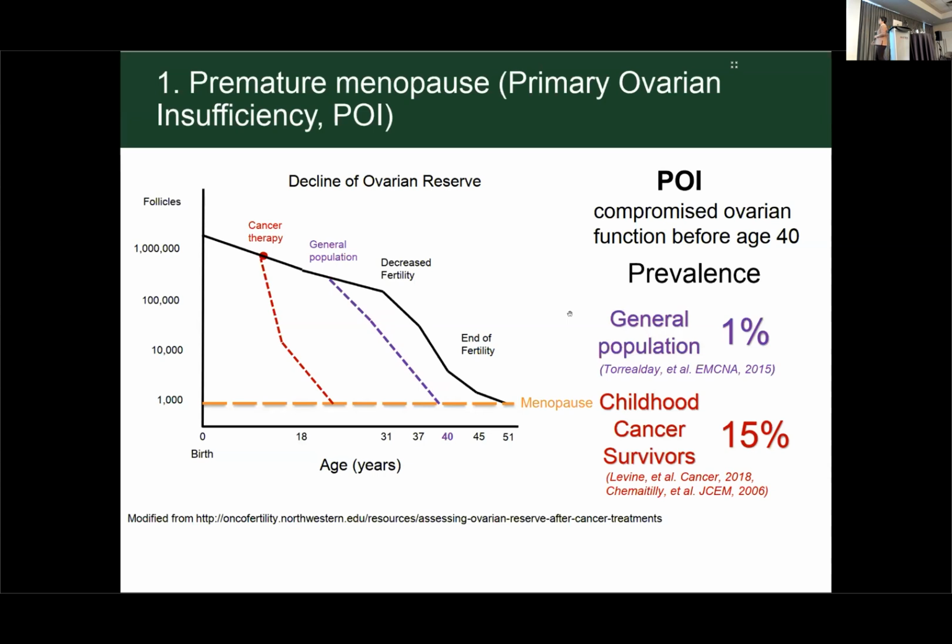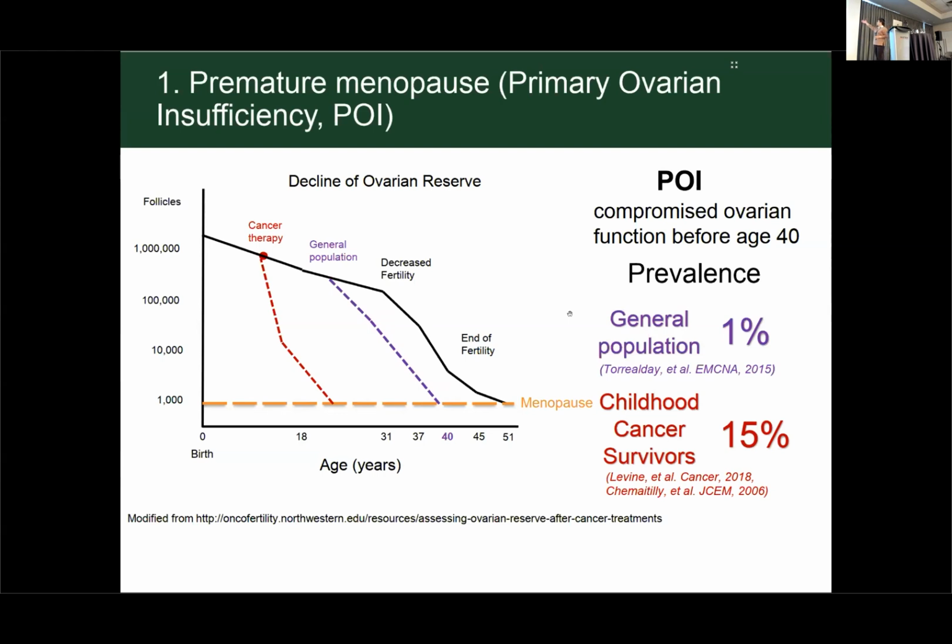For childhood cancer, there's now about an 85% five-year survival rate. So there are a lot of childhood cancer survivors, but they're facing a lot of late effects. One of the late effects for females is premature menopause, which in clinical definition is called primary ovarian insufficiency, shortened to POI.